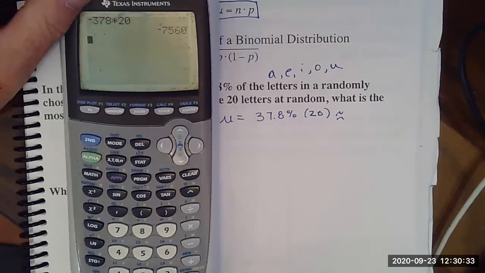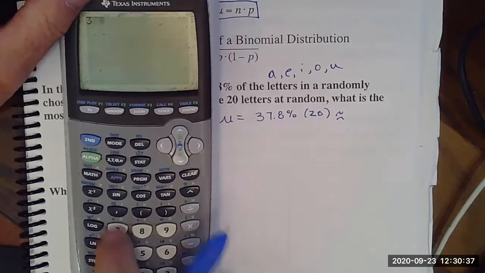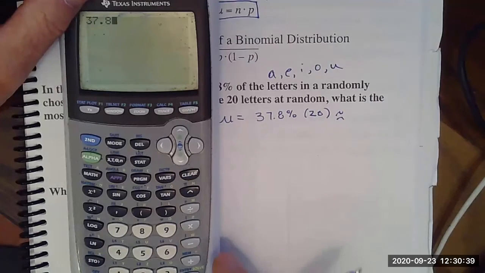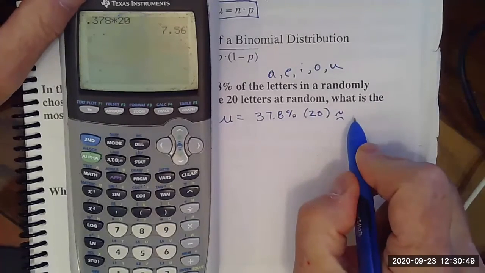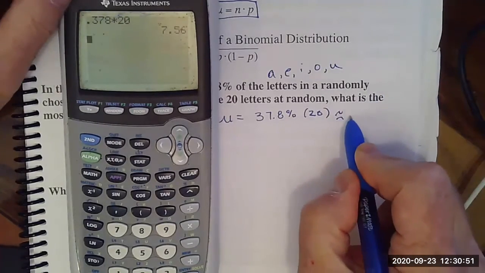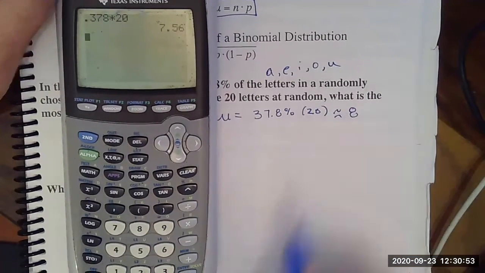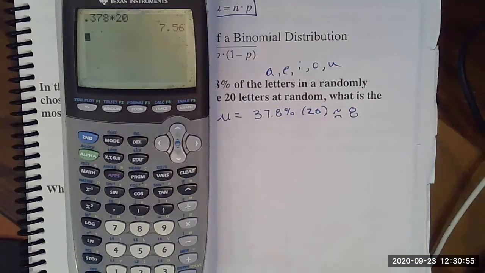Let me try that again. 0.378 times 20. All right, almost 8. About 7.56. Okay, let's just round it to about 8.